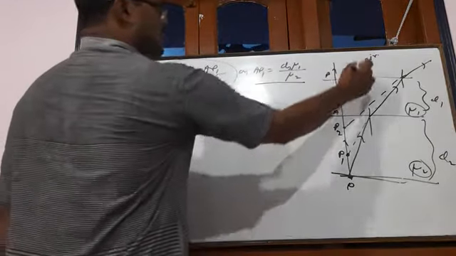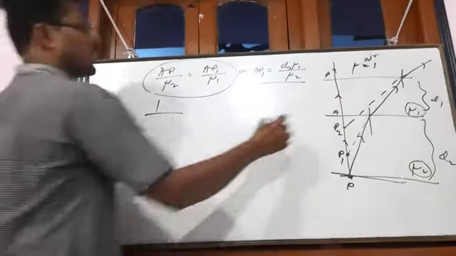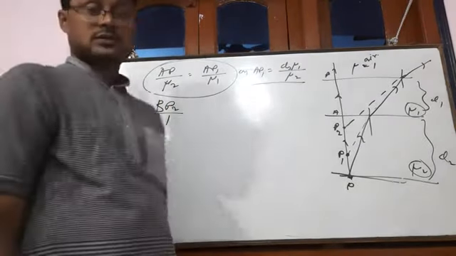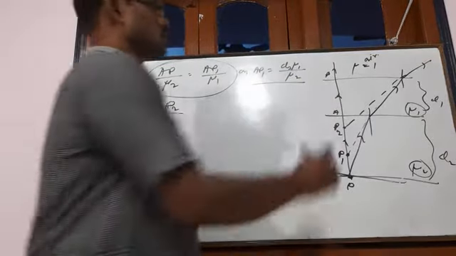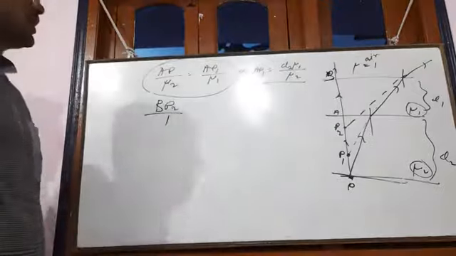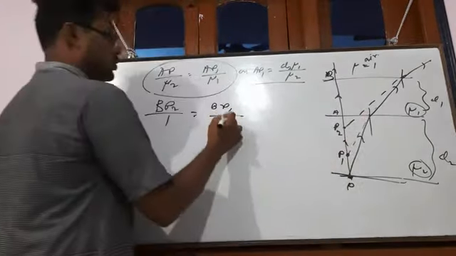Now coming to the air medium, mu equal to 1. So from 1, what can we observe? It is BP2. BP2 can be observed from 1. This is P2, this is B. So BP2 by 1, and AP1 by mu1.